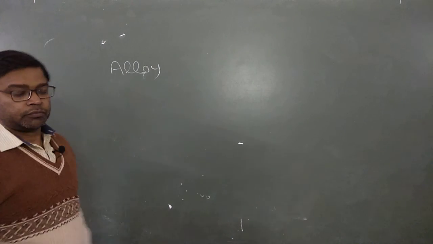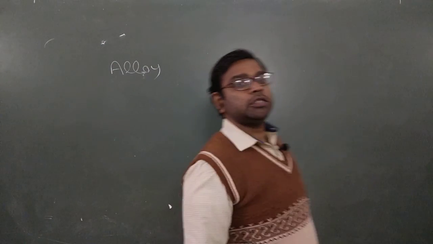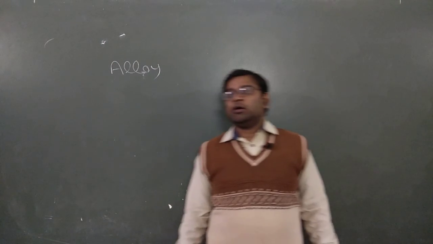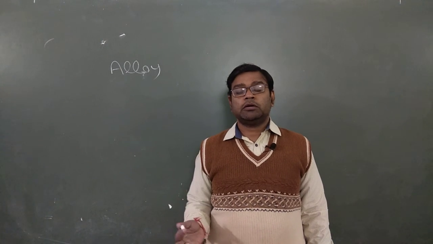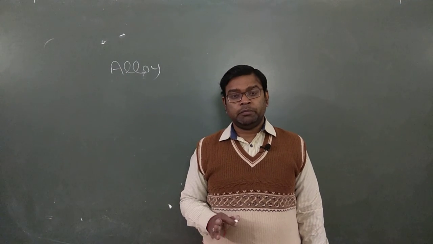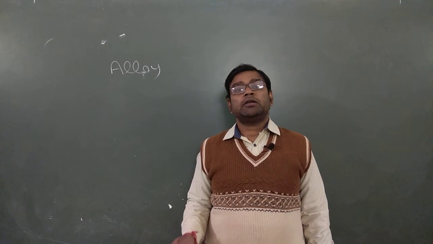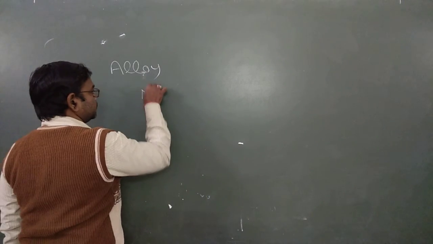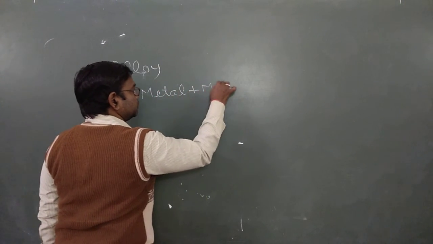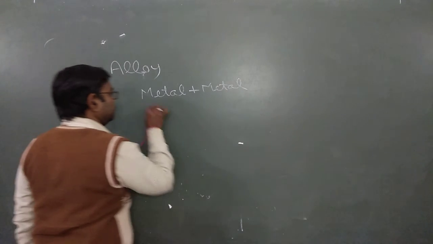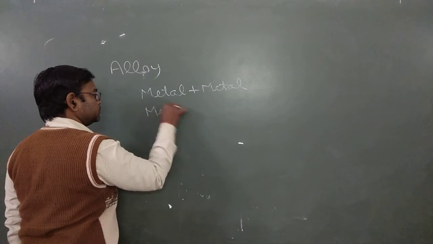What is an alloy? An alloy is a homogeneous mixture, a solution mixture of one metal with another metal or non-metal. Means an alloy is a mixture of metal plus metal, or metal plus non-metal.